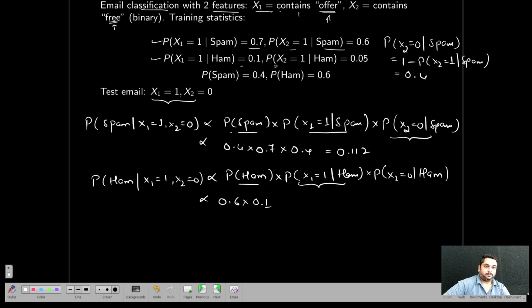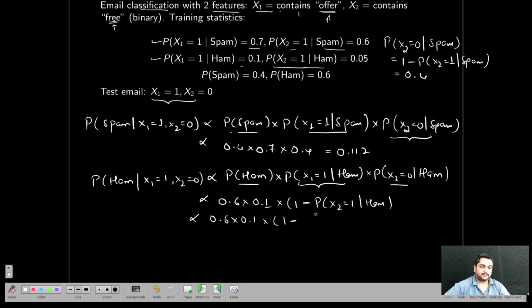And then probability of x2 equal to 1 given ham is given, but there I want x2 equal to 0. So this is into 1 minus probability of x2 equal to 1 given ham. This is proportional to 0.6 into 0.1 into 1 minus 0.05. If you calculate this, we'll get 0.057.